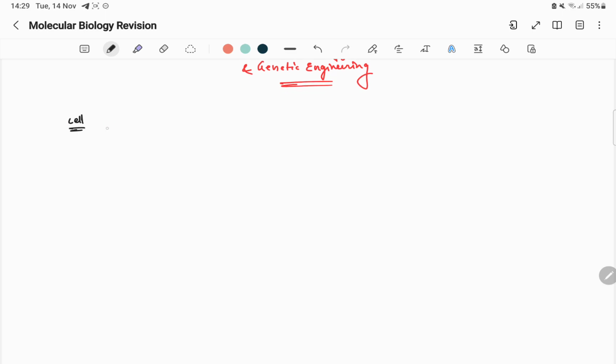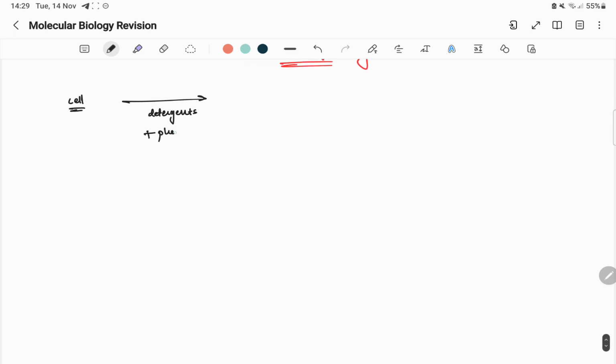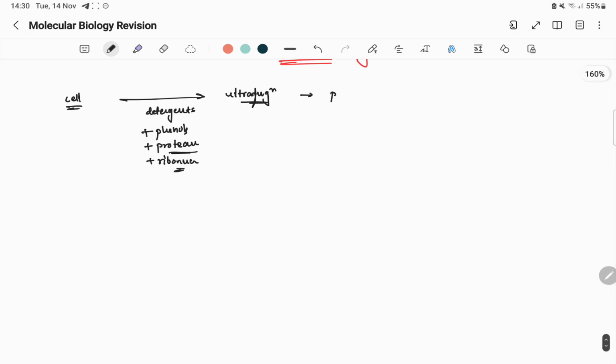First you take a cell and treat it with detergents, not the detergents you use at home, then with phenols, proteases and ribonucleases, so as to remove the proteins and RNAs. Why is this important? Because we need DNA, not the RNA or proteins. Then ultracentrifugation is done, it is precipitated using chilled ethanol, and the required DNA is extracted.